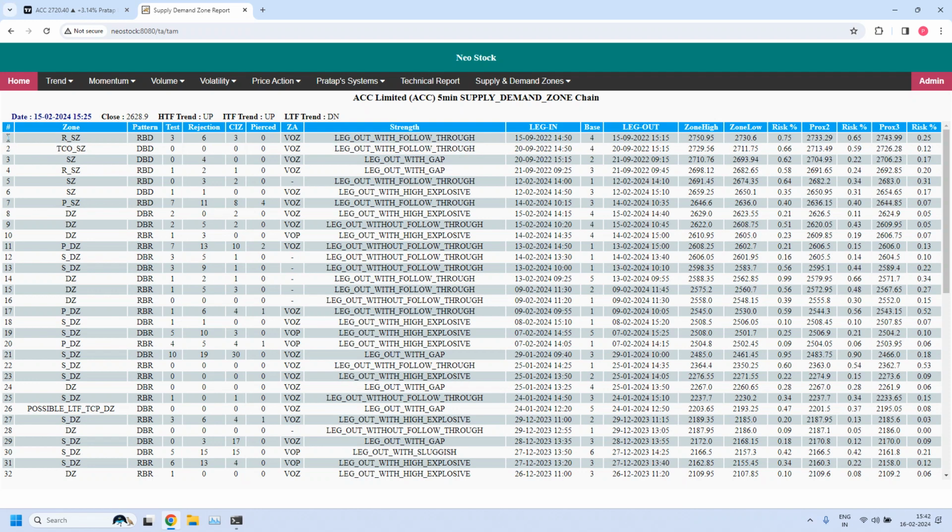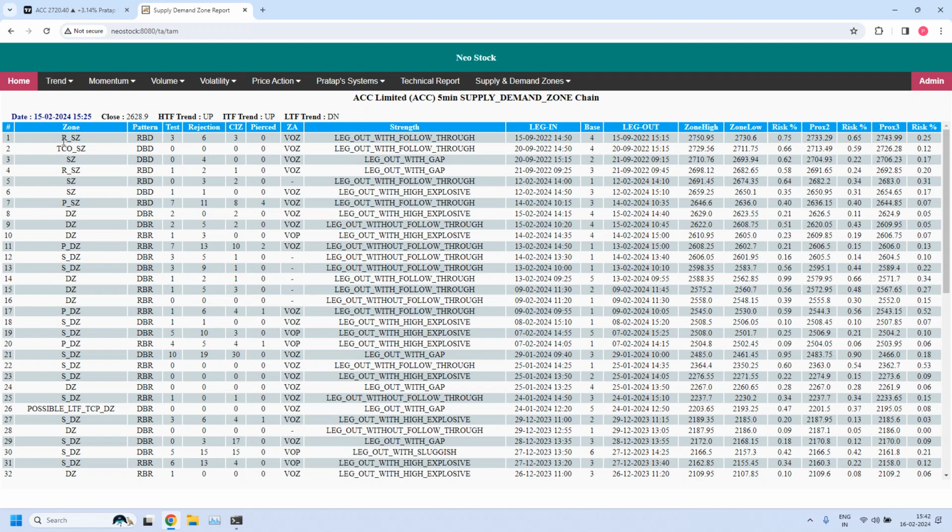And see the first one. This is again a high liquidity supply zone. This is a 5-minute high liquidity supply zone. Already our daily supply zone is a high liquidity zone. Inside that we have a 5-minute supply zone. That means the 5-minute high liquidity zone is inside the daily high liquidity zone.